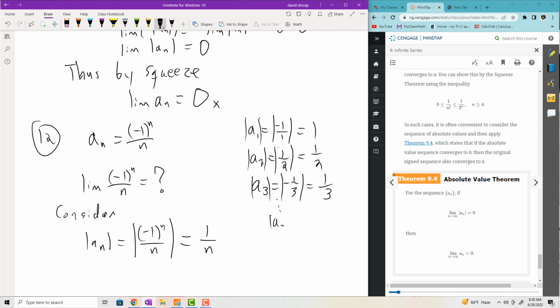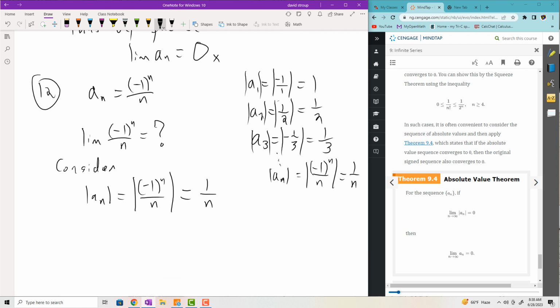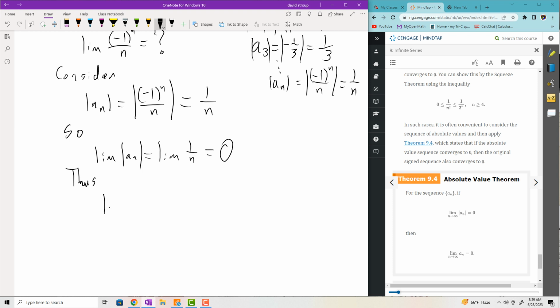So if you are all the way down here to a sub n, and you put in the absolute value of -1 over n, that's just going to be +1 over n when all is said and done. Okay, great. So then we could take the limit of that thing, which in this case is the limit of 1 over n, and we see that's equal to 0. Thus, by this absolute value theorem, the limit of the original expression, a sub n, which is (-1) to the n all over n, is equal to 0.